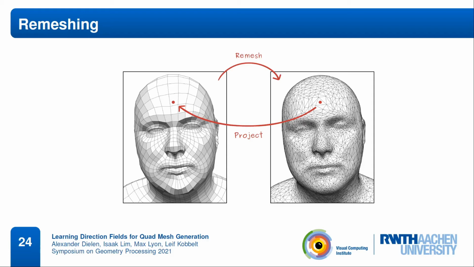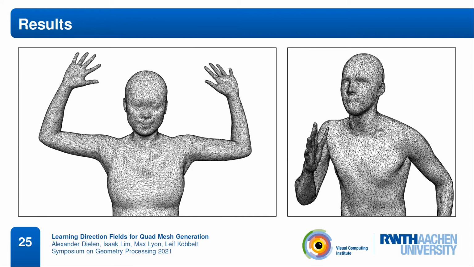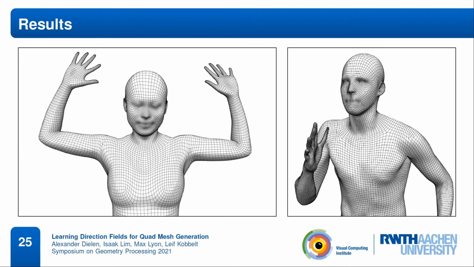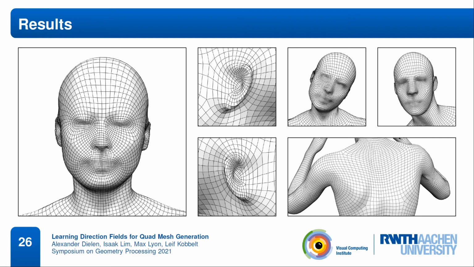So here are 2 triangle meshes from our test set. And here are the quad meshes generated using the frame fields inferred by our network. Here are some close-ups that show a few more details. As can be seen, our meshes contain many semantic features, such as the edge loops around the eyes, mouth, and ears.